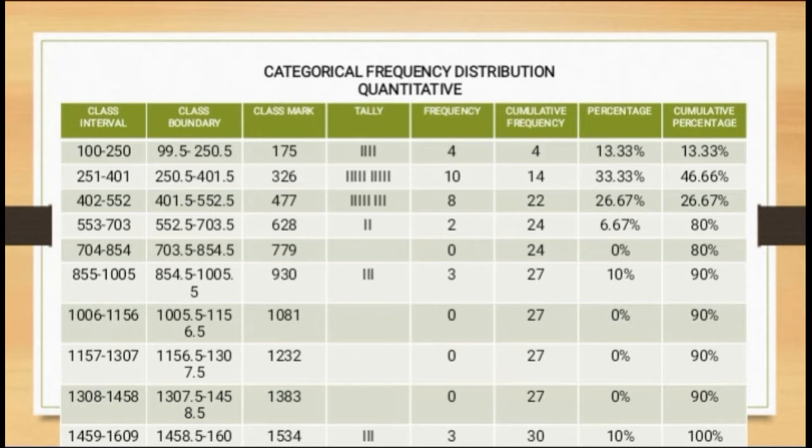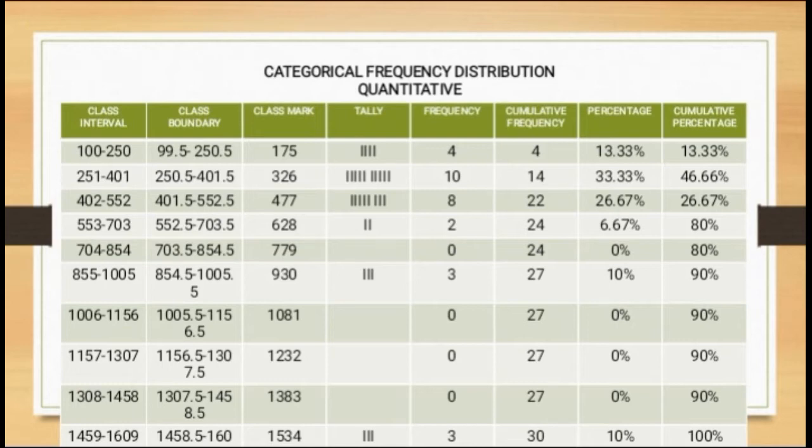The same goes for the class intervals of 1006 to 1156 and 1308 to 1458. And the tally of the class interval of 1459 to 1609 is 3. The frequency interprets the result in the tally.